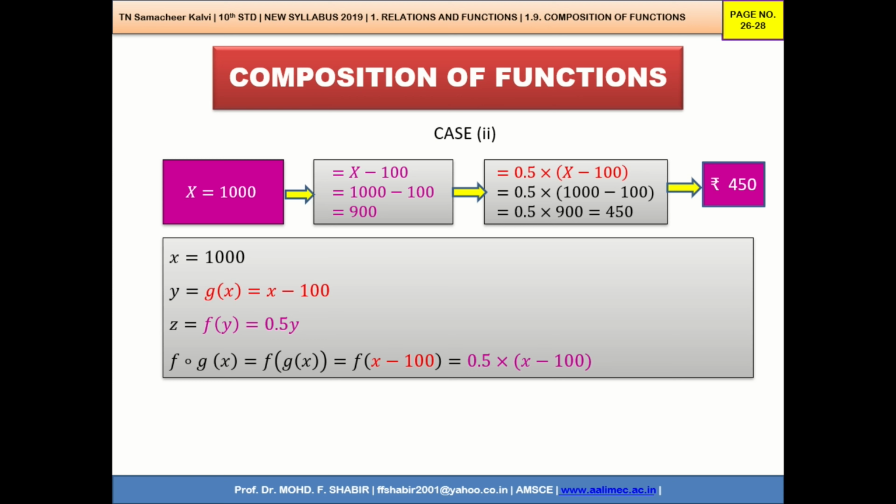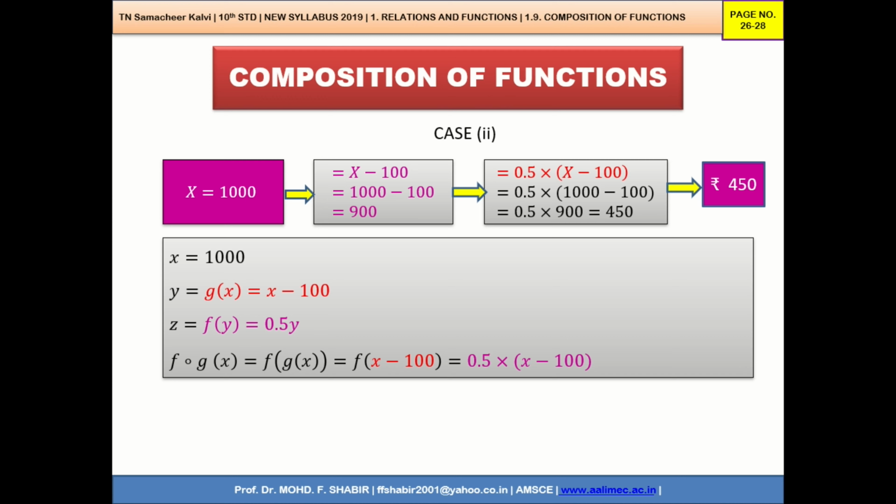Now f of g of x, where g of x is known, is equal to x minus 100. So replace g of x with x minus 100. Therefore f of g of x is equal to f of x minus 100. Now we know f of y is equal to 0.5y. Wherever y is there, replace it with x minus 100.